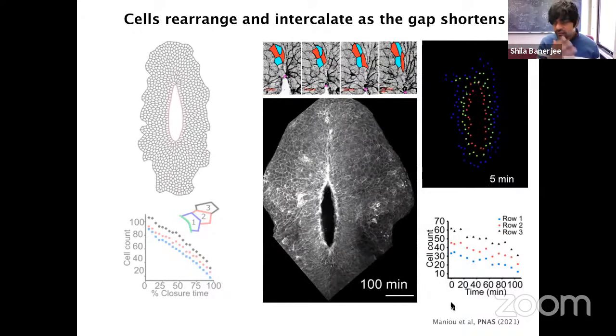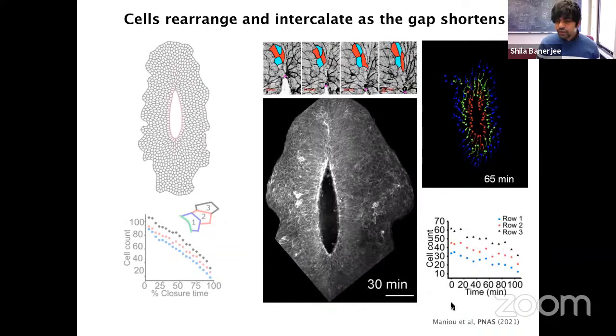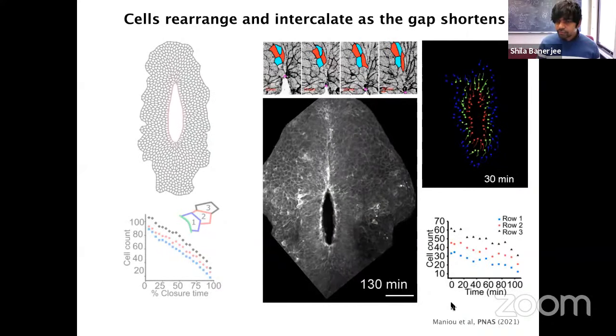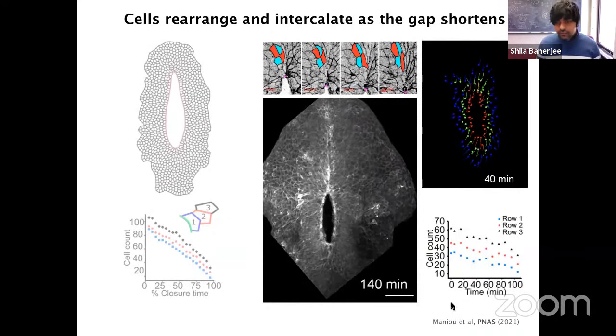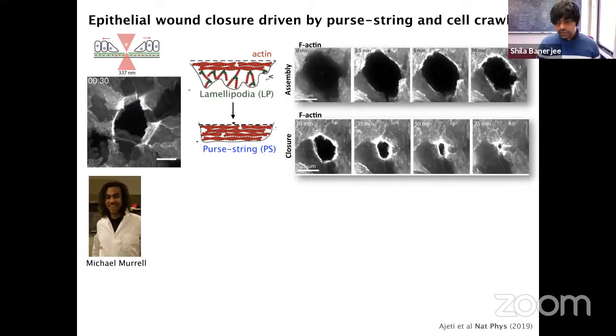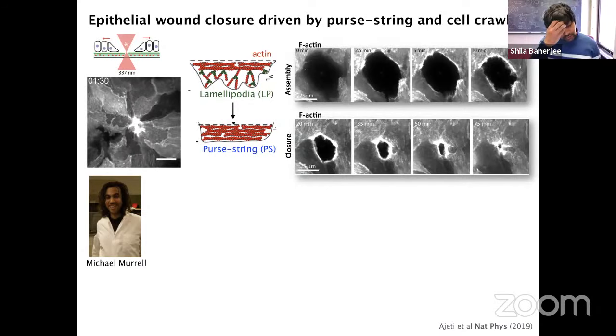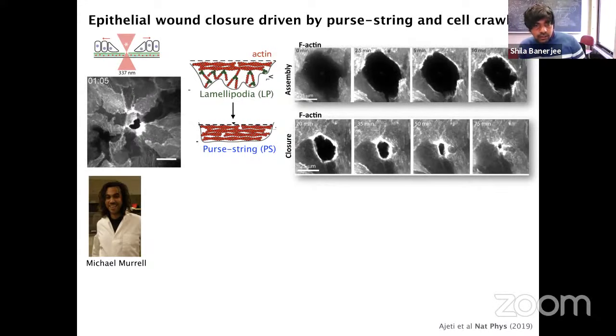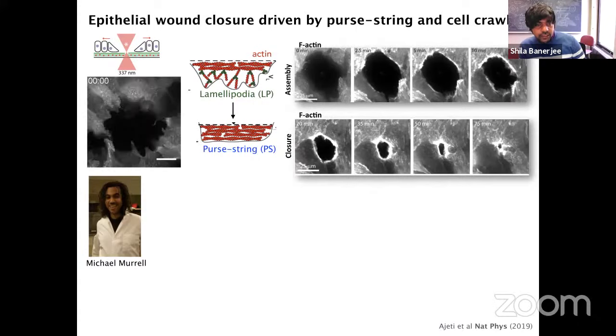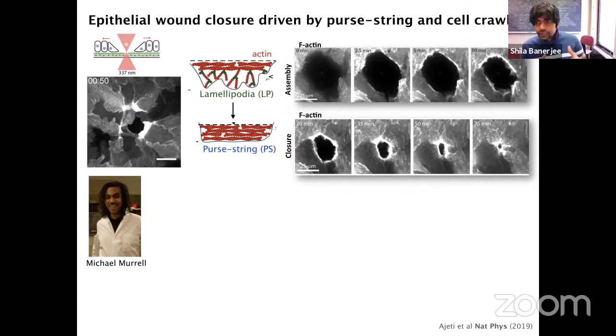So these are two examples in vivo where intercalations play an important role in collective cell migration. We saw similar things working in vitro. This was work done two years ago with my former colleague Mike Model, and what Mike was looking at is in vitro MDCK cell layers on 2D substrates.